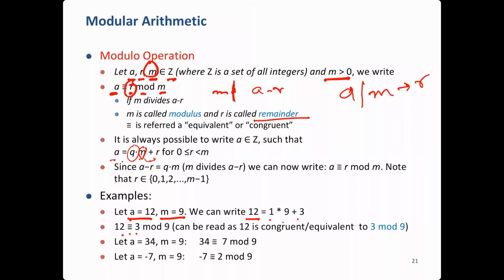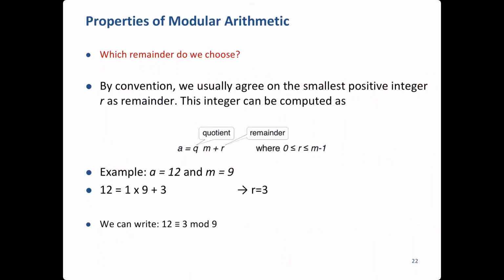Okay, all right, and so on. Please go through the same thing we had shown here. So we can write this as a is equal to q times m plus r, or in other words we can say a is equivalent to r mod m.